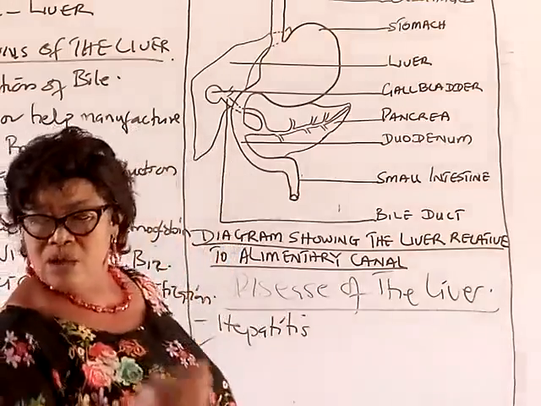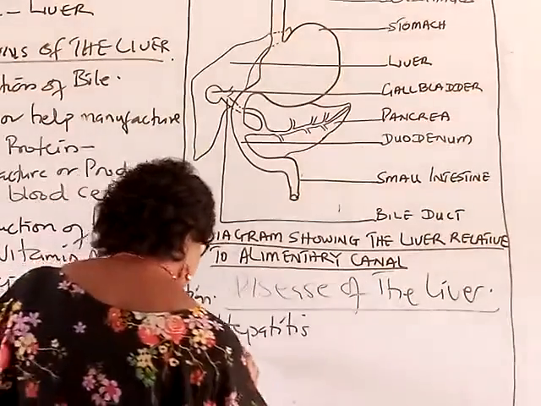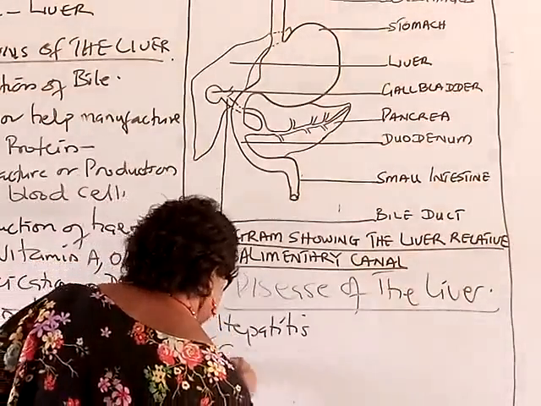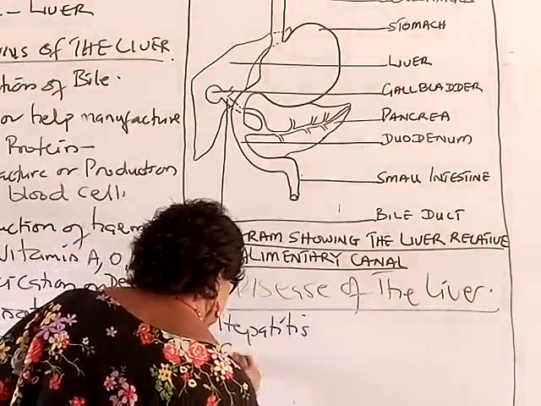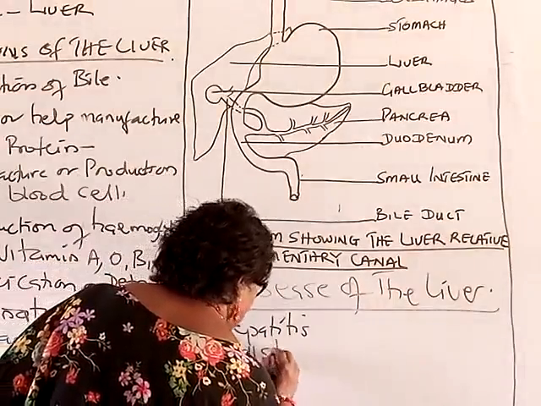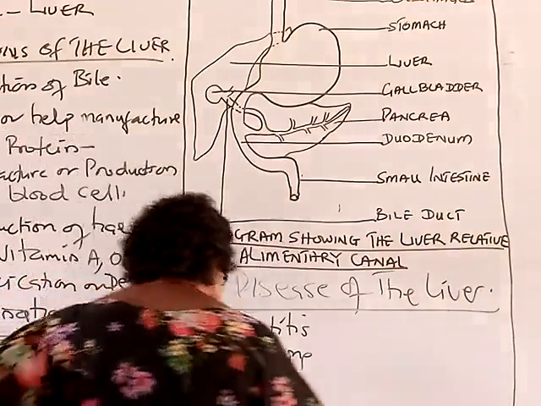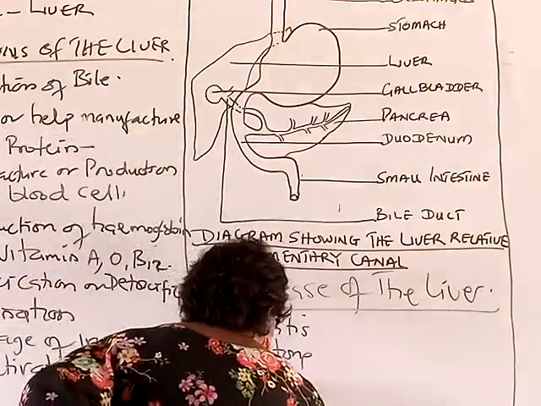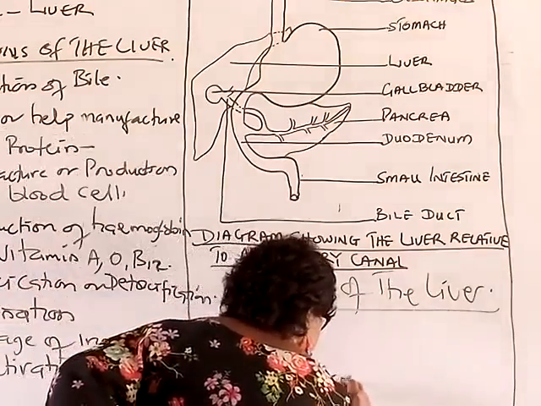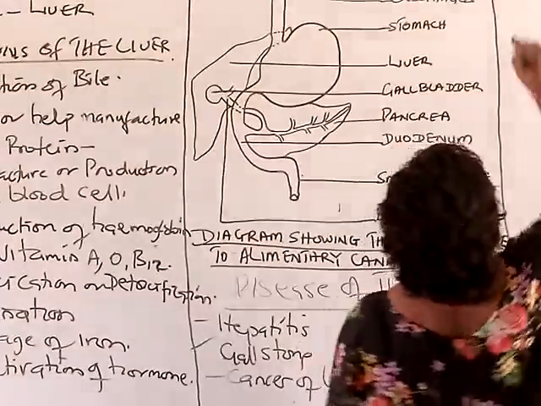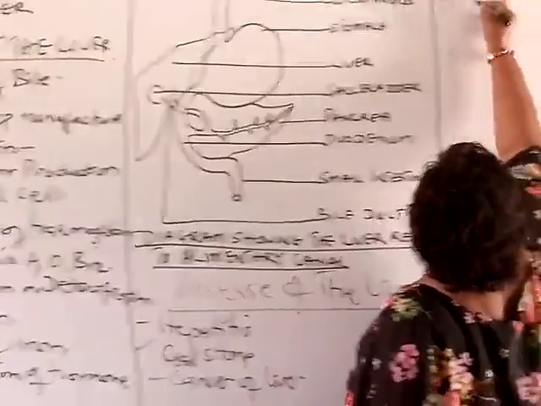The second one we can call gallstone. The third one we call cancer of the liver. The fourth one, cirrhosis.